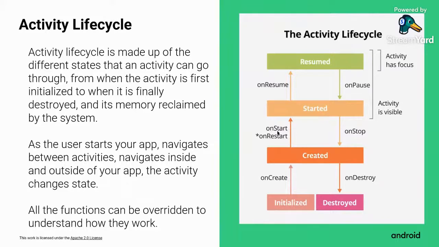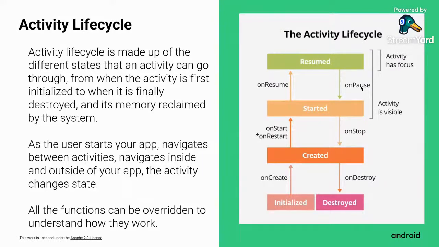Now, say the activity is visible to you on the screen, but it's not necessary that you are interacting with it always. Of course, apps are meant for interacting with them. But when you click on a button or on any view present in the app, that's when you say your activity has focus, because you're interacting with the activity, you're doing something with it.